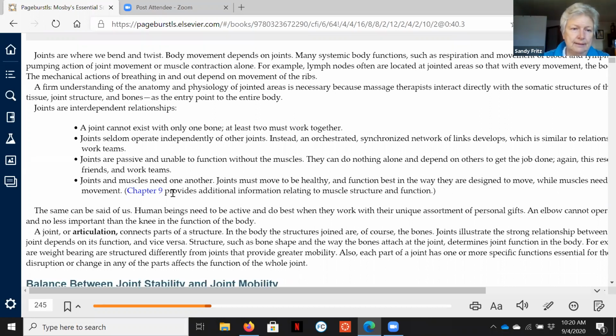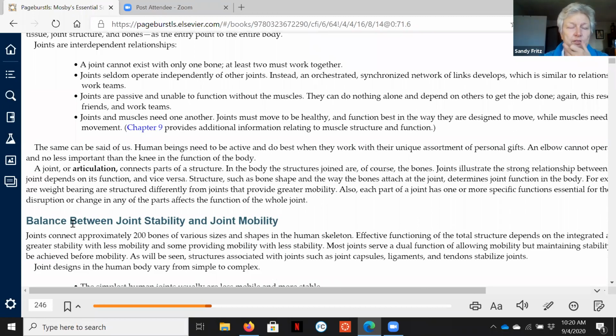Okay, so another term for joint is articulation, and sometimes that will be used, and it's common to have multiple names for the same thing.